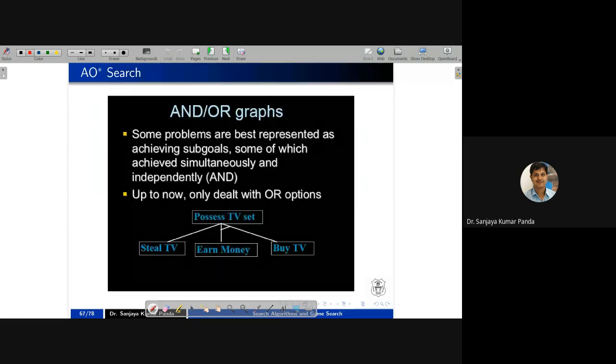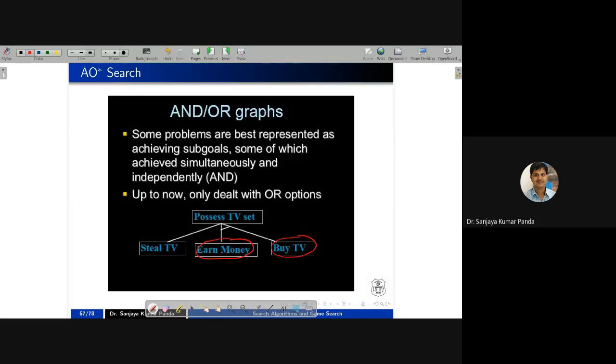And the last search strategy is called AO star search. We have already seen A star search, but AO star works on an AND-OR graph. Like suppose a person needs a TV set. So what can he do? He can earn money by working hard. Then he or she can purchase the TV.